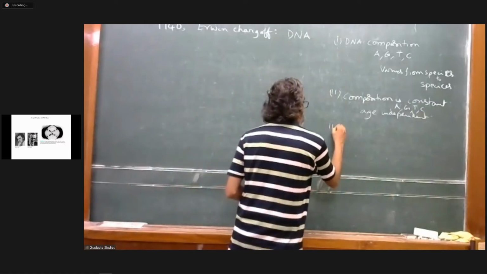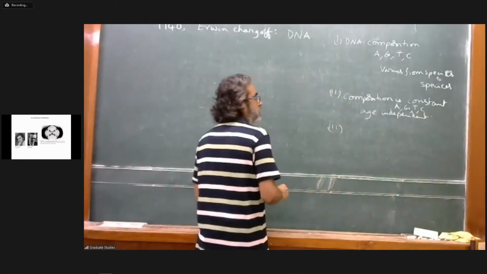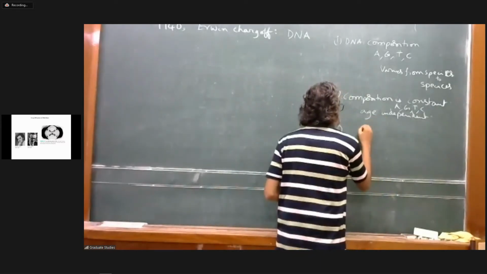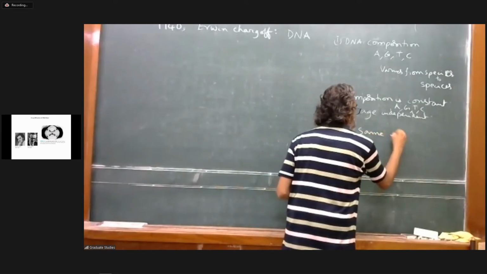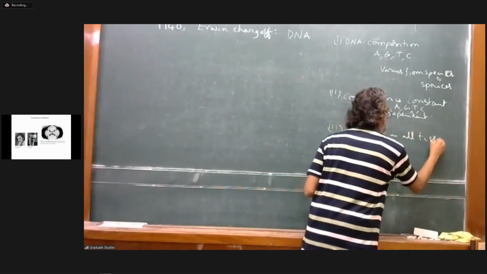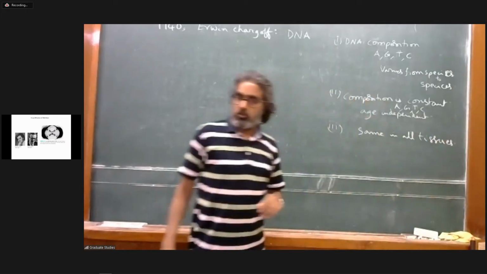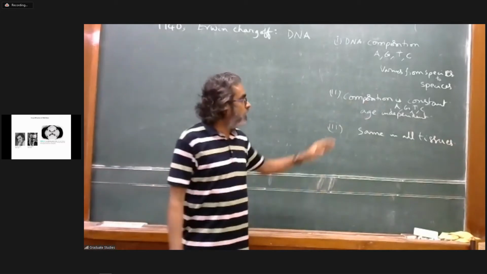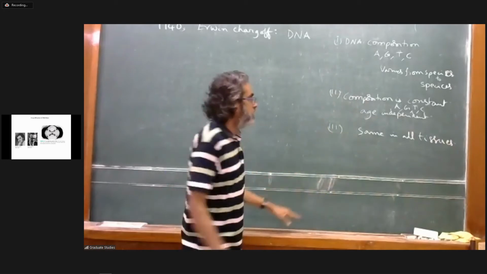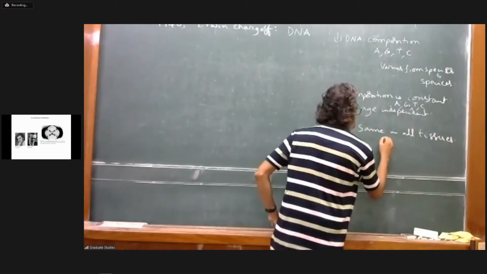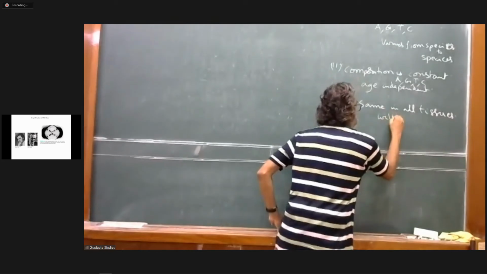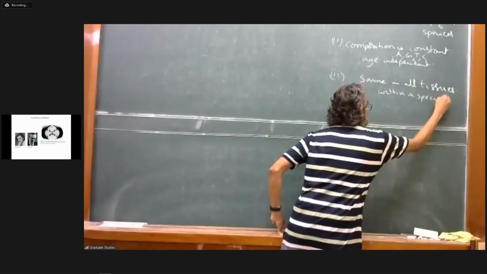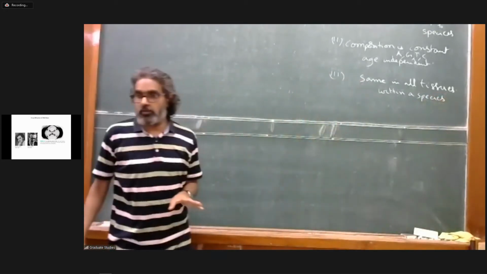And even more important, it's the same in all tissues. If you take DNA from, let's say, lung tissue versus muscle tissue, the composition is exactly the same within a species, or within an organism, you can call it. That's very interesting information for you.